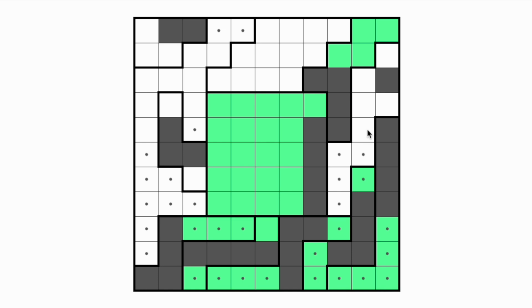This cell can't be shaded because then we'd have a 2x2 here. We are left with 5 cells, of which 4 must be shaded, so this better be one of them, or else we'd have a 2x2. We do need this region to escape, and it does it through there. So that gives us either an L or a T, but the L is right there, so this is the T.